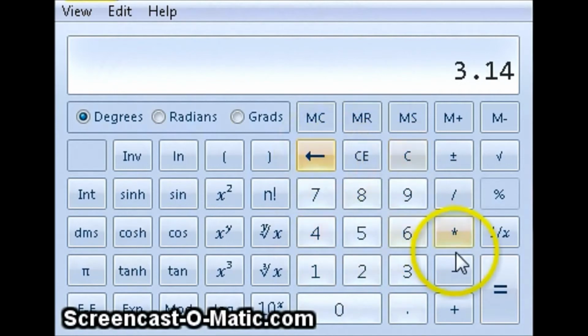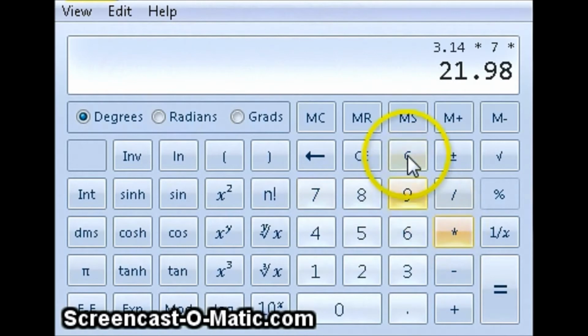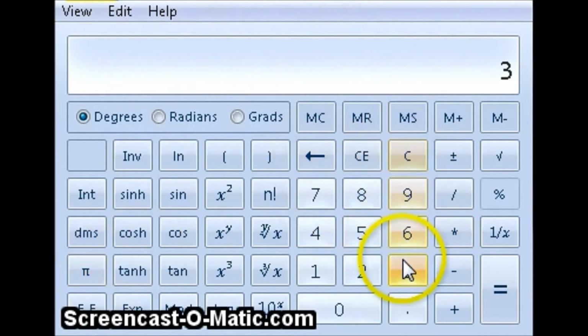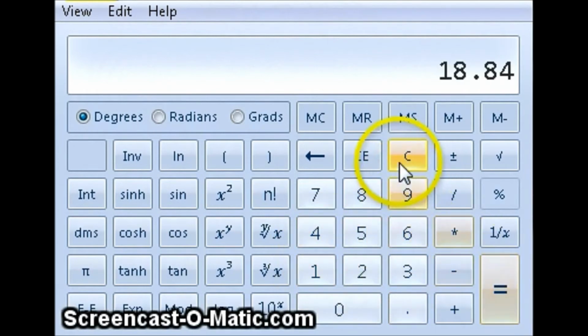3.14 times 4, 12.56. 3.14 times 5, 15.7. 3.14 times 6.